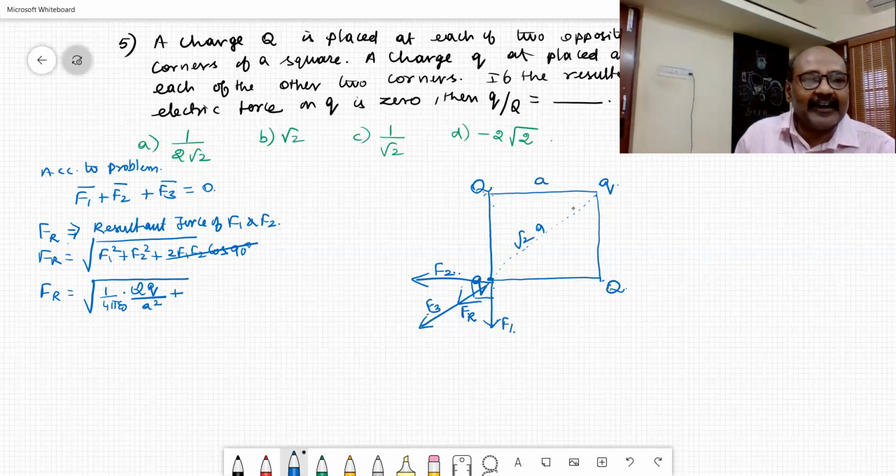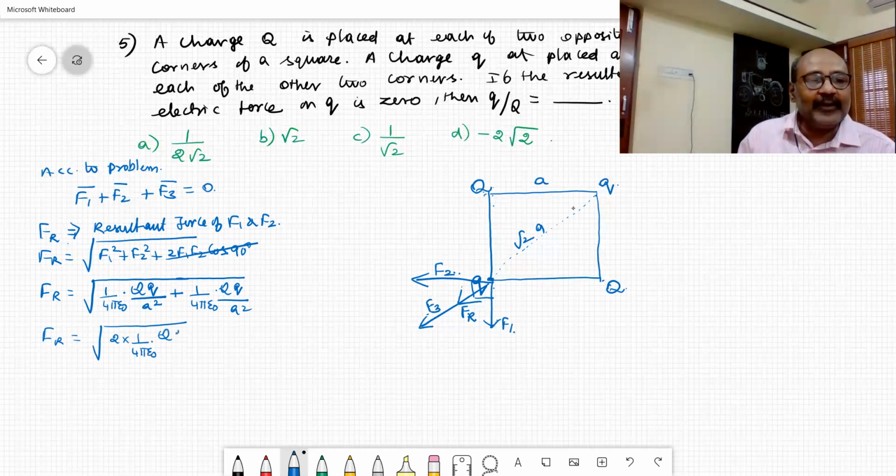F2 is also of the same value, so I can write 1 divided by 4 pi epsilon 0 into capital Q into small q divided by a square. Since I am considering the magnitude, I am writing Fr equal to the root of 2 into (1 divided by 4 pi epsilon 0 into capital Q into small q divided by a square) squared.